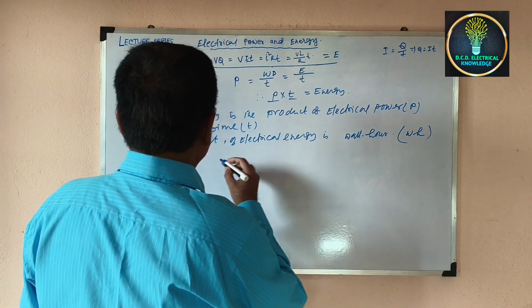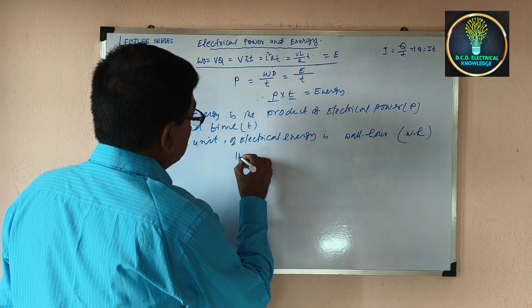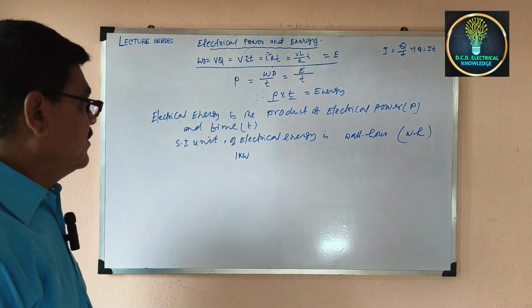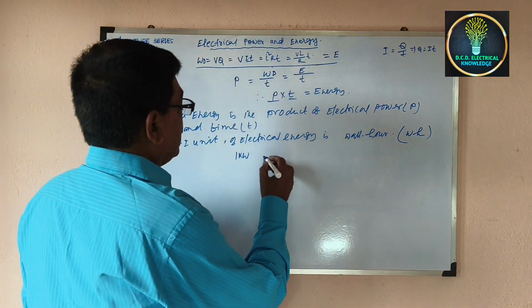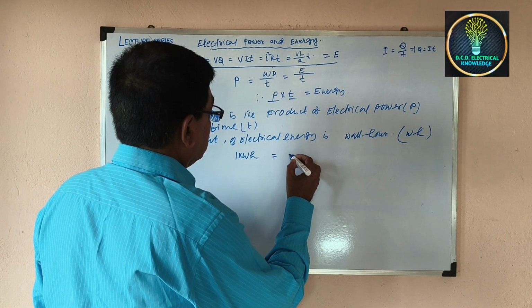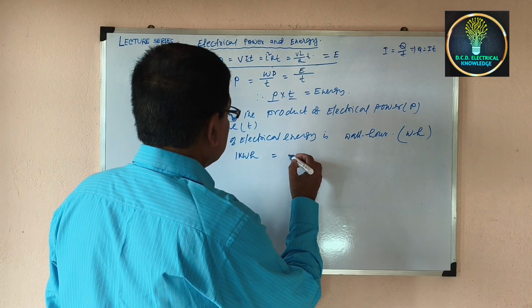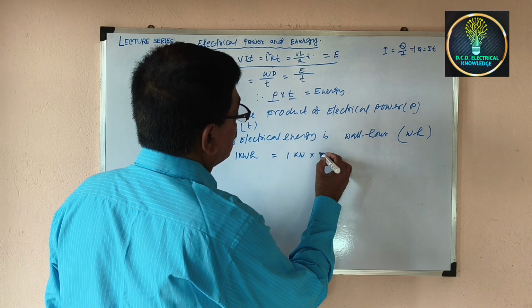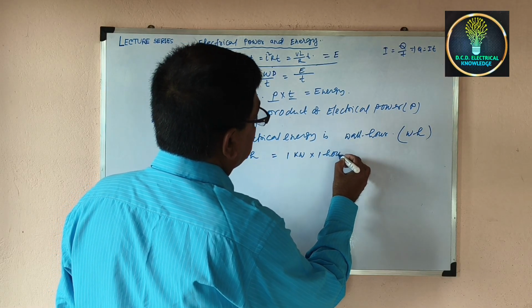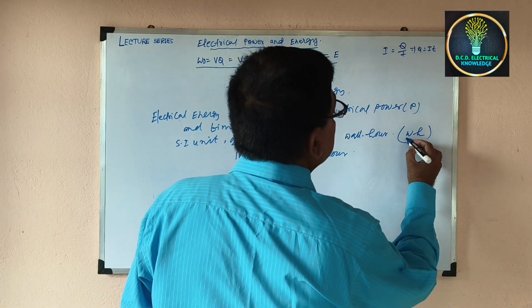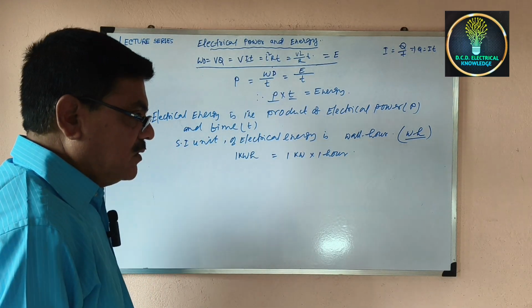Kilowatt hour is the practical unit. 1 kilowatt hour is equal to 1 kilowatt into 1 hour. Clear? Watt hour is a small unit.